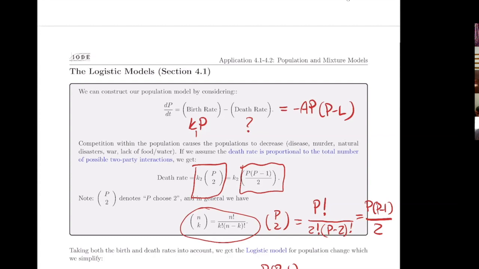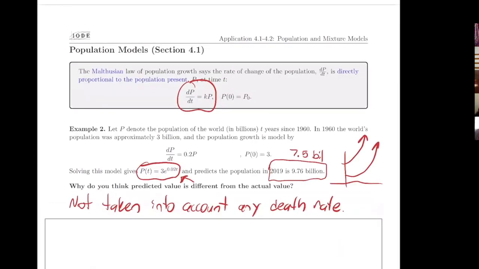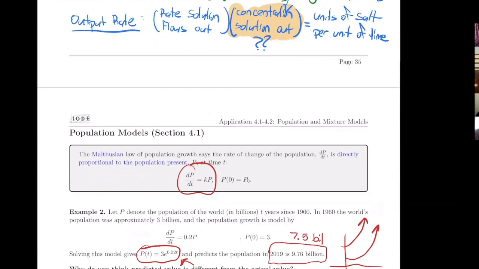And that's why you get really bad estimates in the long run with those. Okay, any questions?